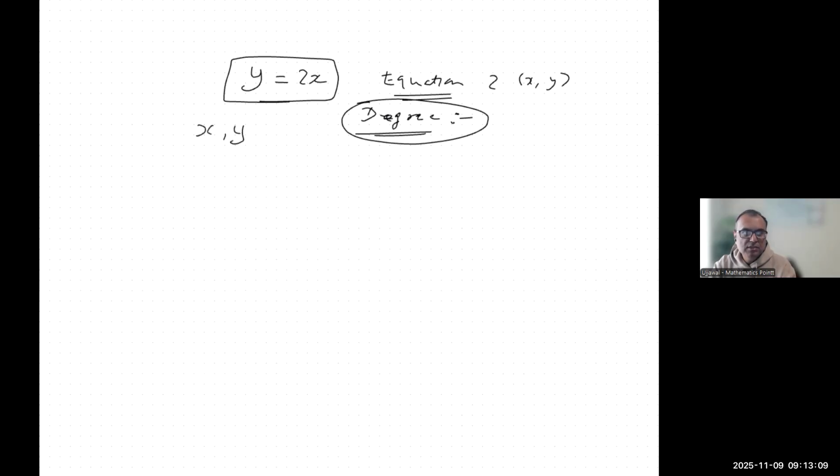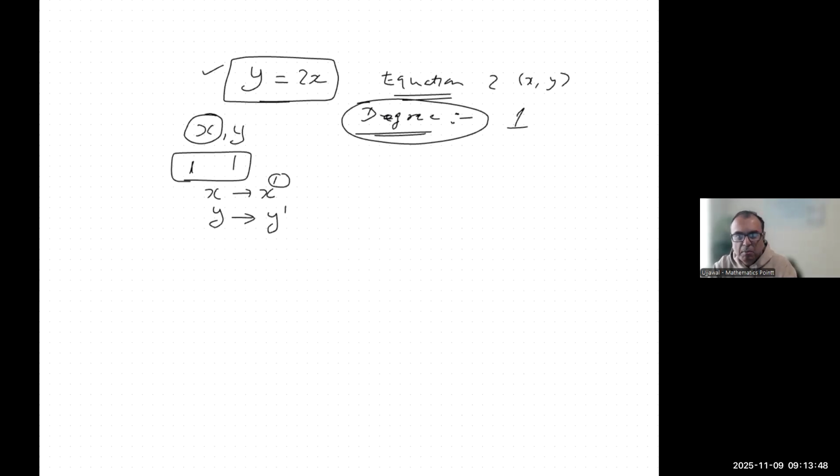The power of x is 1 because I can write x as x raised to the power of 1. Similarly, the power of y is 1. Out of the two ones, which is the higher number? Obviously 1. So the degree of this whole equation is 1.